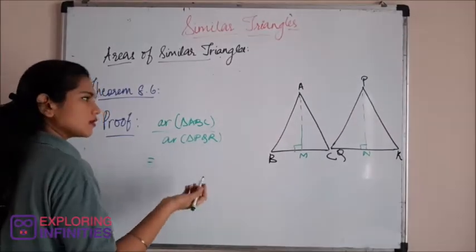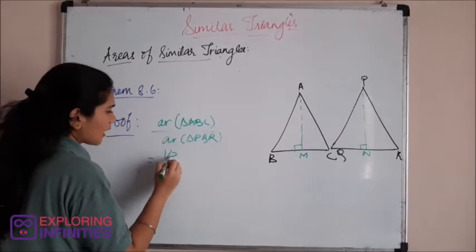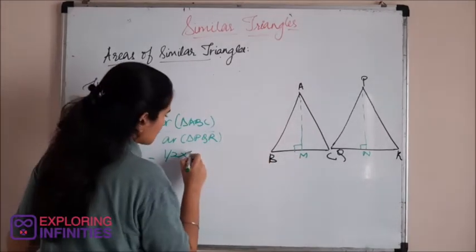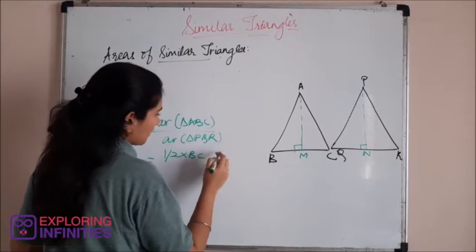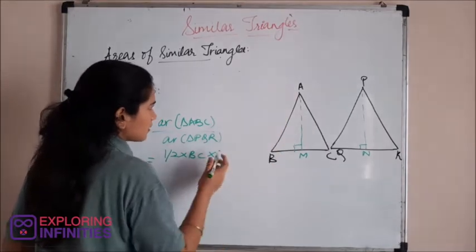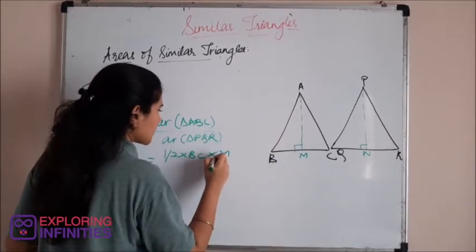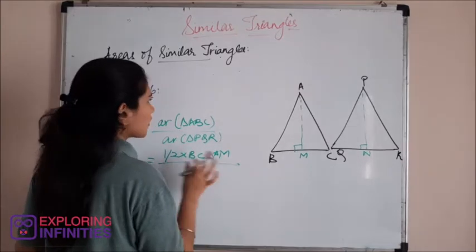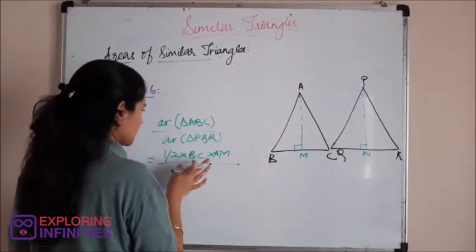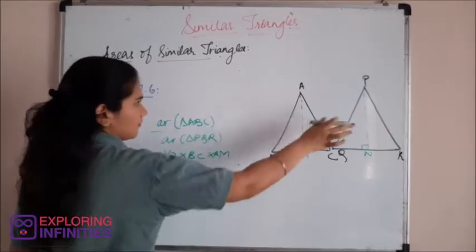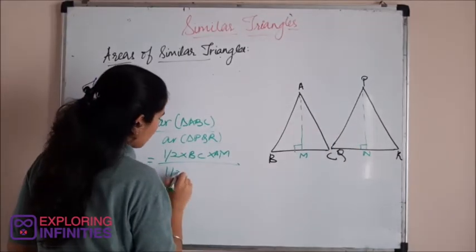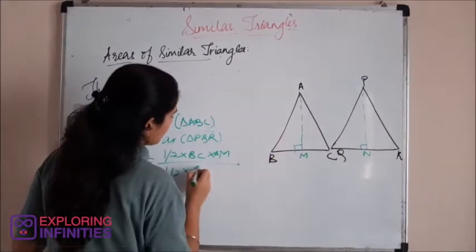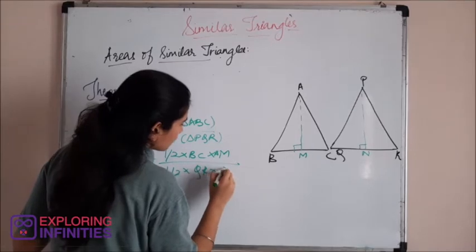So here the area of triangle ABC would be what? Half of base is BC into the perpendicular, which is AM in this case, divided by what would be the area of this triangle PQR. It would be what? Half of QR into PN.